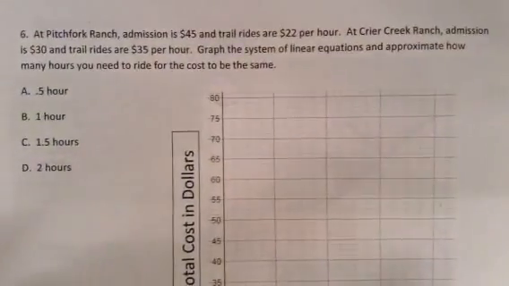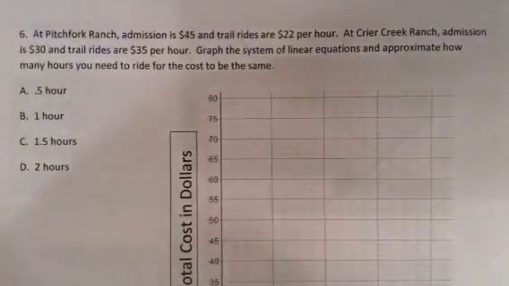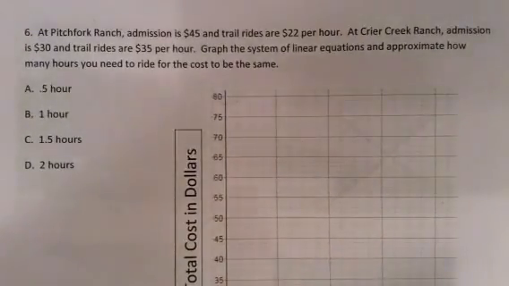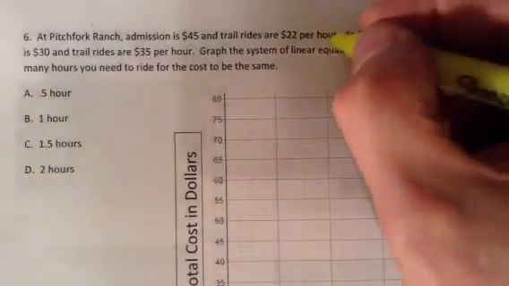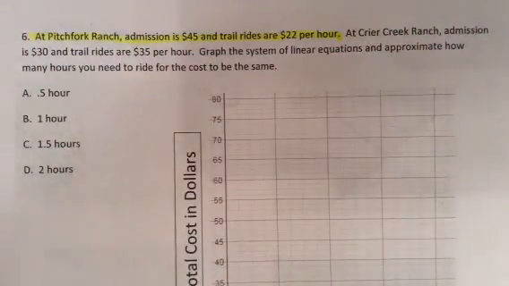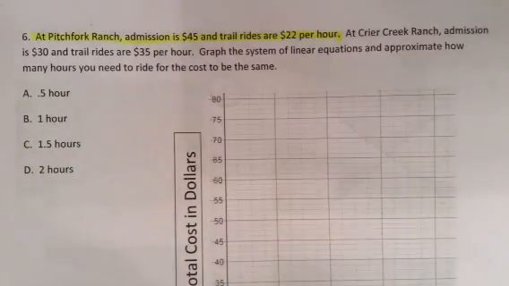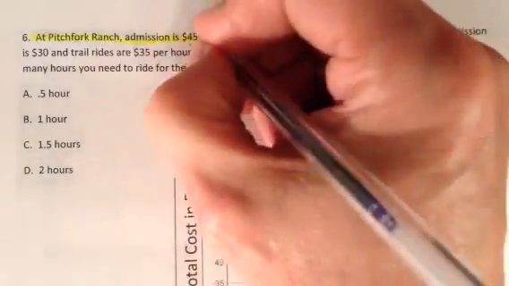So over here we have a problem where we need to piece together the equations. We need to look for slopes and y-intercepts. So if we look at our two different ranches, we've got Pitchfork Ranch. What's the fixed fee? What's the one-time charge to get in? It's 45, so that's my y-intercept.